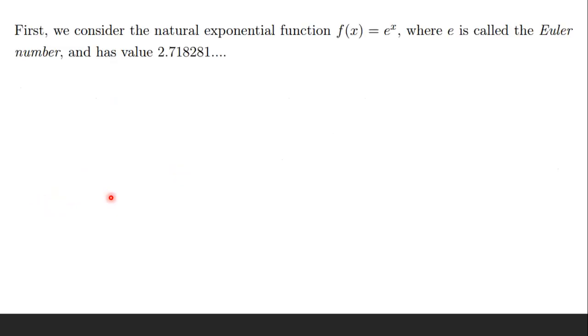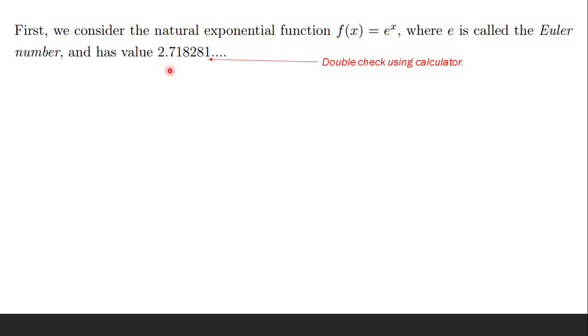And here we go with the first. We consider the natural exponential function f of x is equal to e to the x, where e is called the Euler number and has value 2.718281.